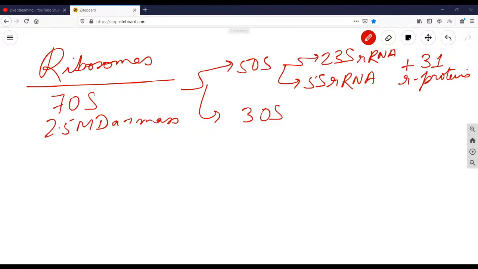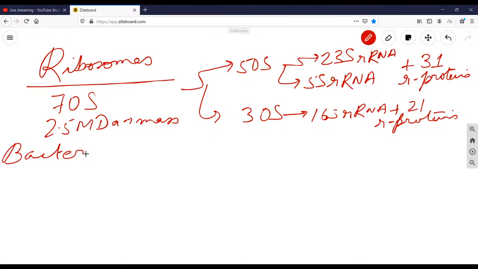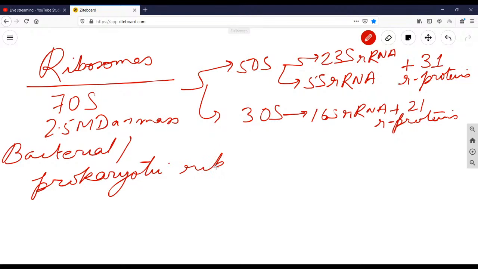Now the 30S is made up of 16S rRNA, it is very important, as I'll tell you how, and also made up of 21 proteins, or R proteins, simply you can call it proteins only. So this is about the bacterial slash prokaryotic ribosome.